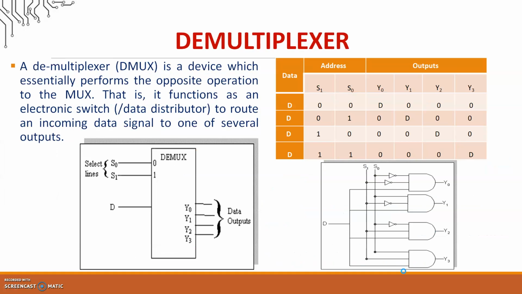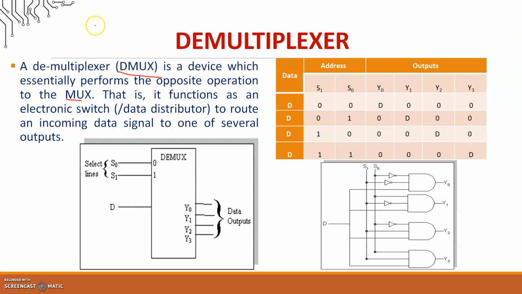And about the demultiplexer, DMUX: the demultiplexer is the opposite operation of the multiplexer. Its function is as an electronic switch. It acts as an electronic switch to route the incoming data signal to one of several output signals.